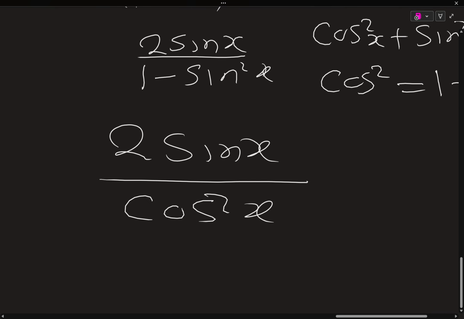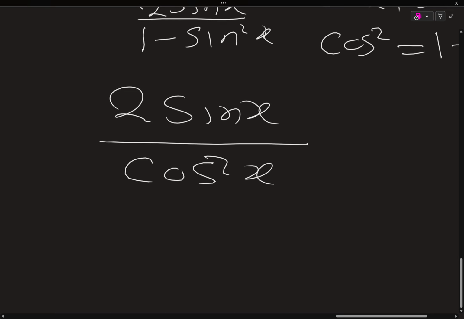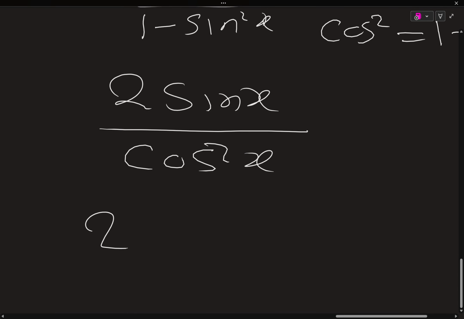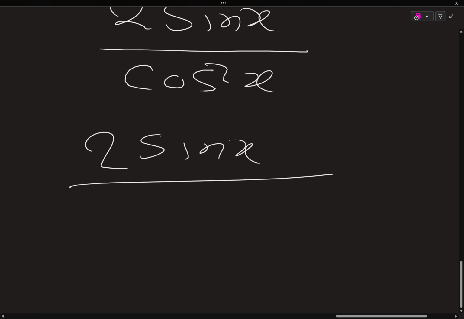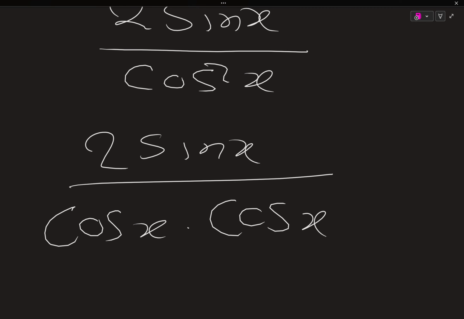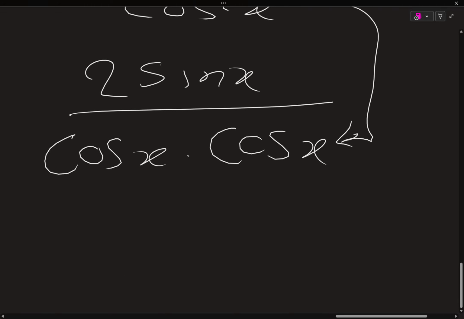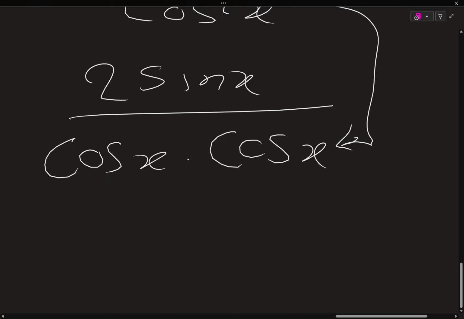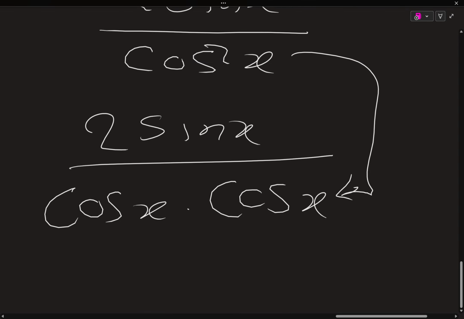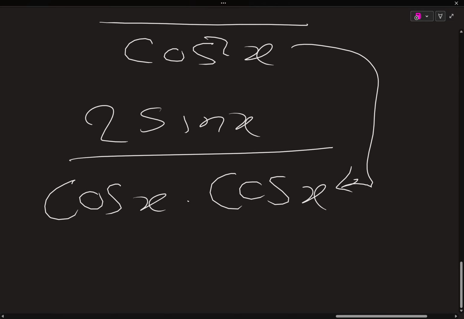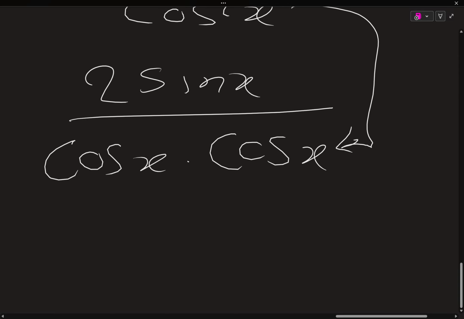We continue. This is a squared, so it's simply going to be 2 sine x over cos x. These are just the same. From there, we have to prove if this is equal to the other identities that we found.